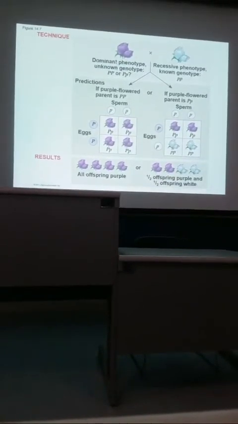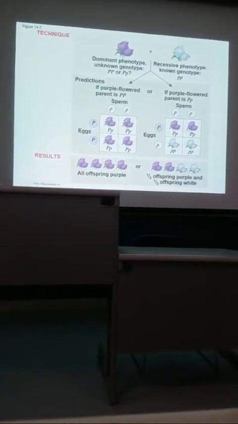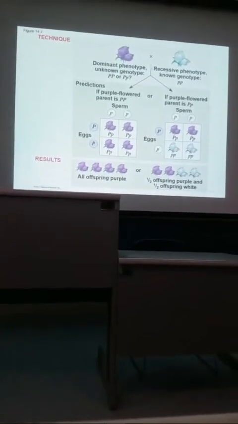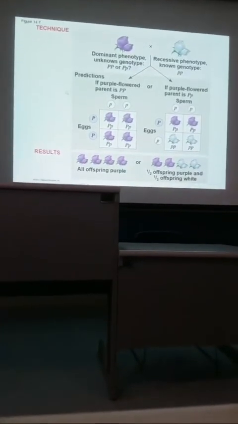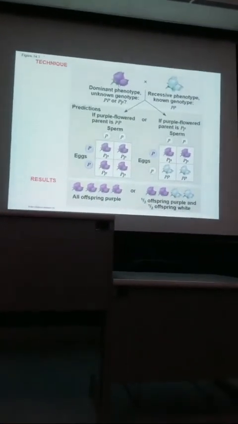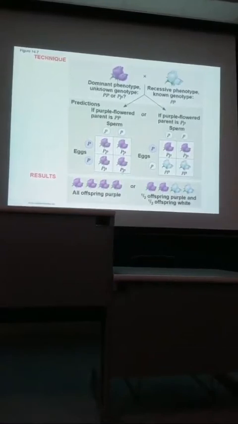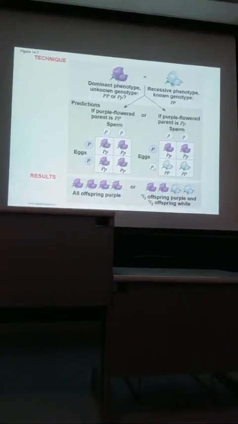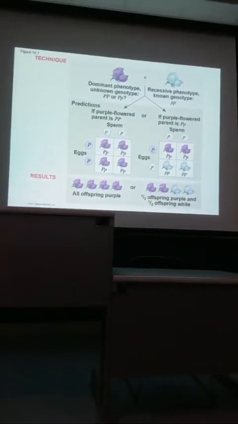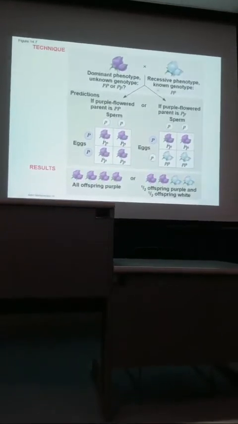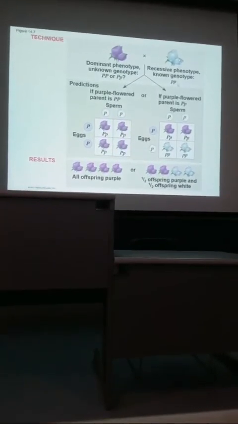This shows two parents. If you cross these, we get everything heterozygous. What if we cross one of these with a plant just like the parent plant that was homozygous recessive?